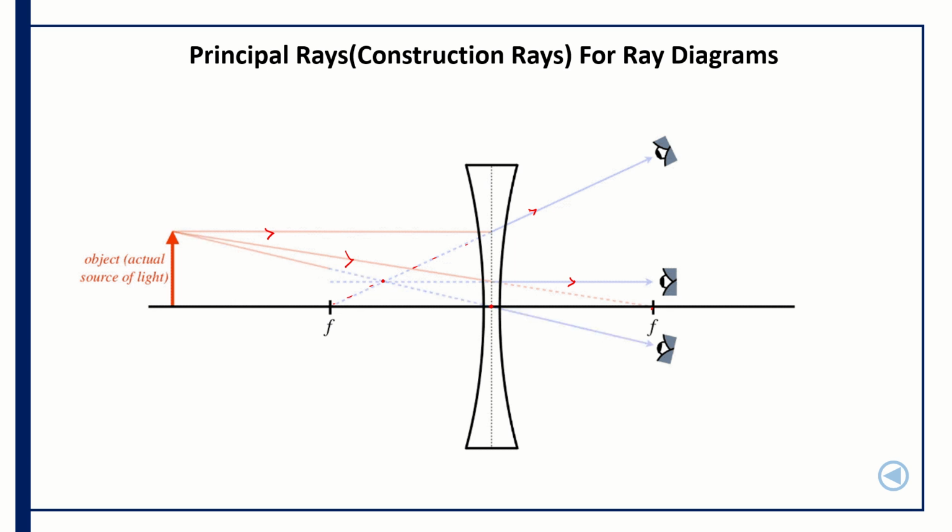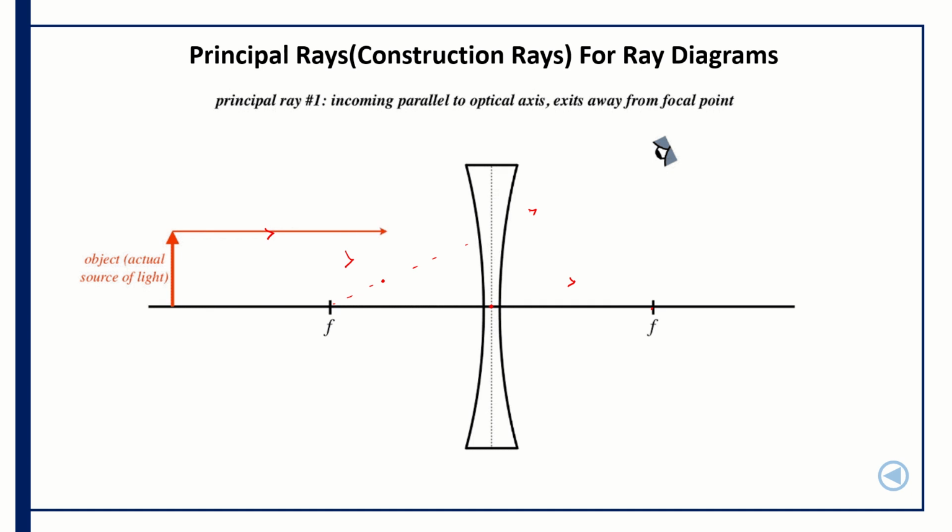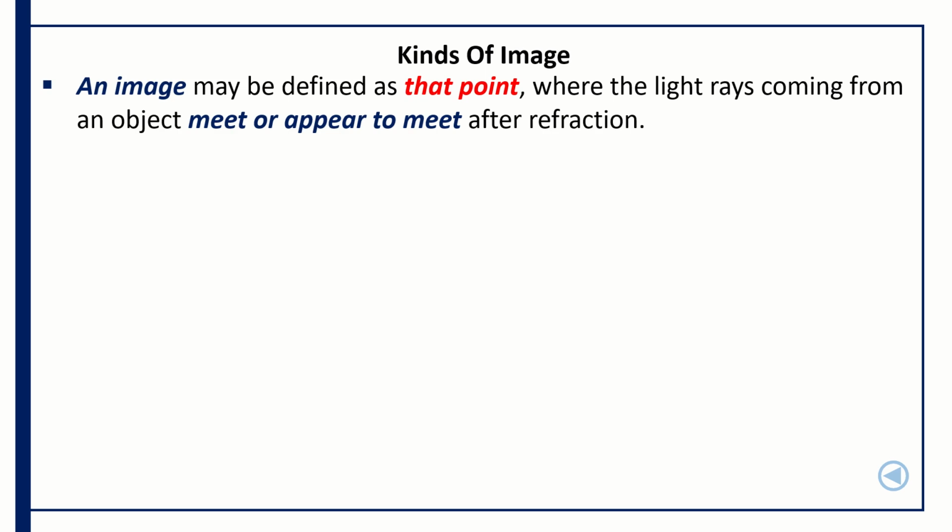So let's understand now at different positions how the images are getting formed. First case, an image may be defined as that point where the light rays coming from an object meet or appear to meet after refraction.